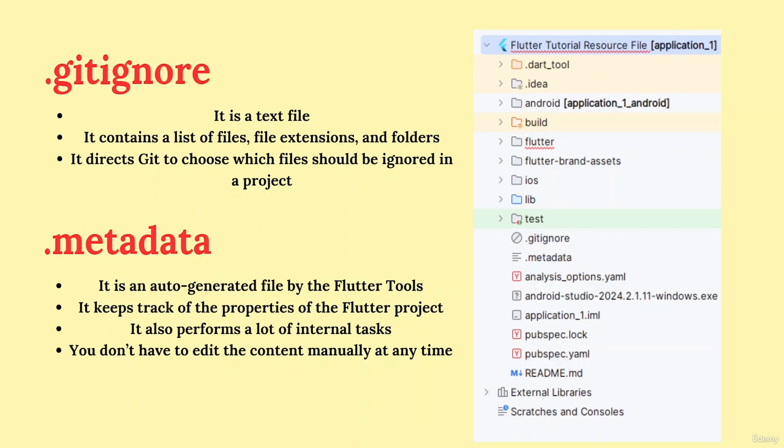Also, this .gitignore file contains a list of files, file extensions, and folders. Basically, in simple words, once you are uploading your application to GitHub, this gitignore file will list the things that it will not upload or show.